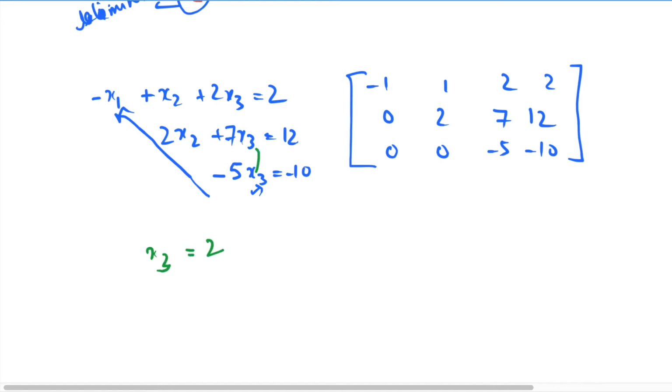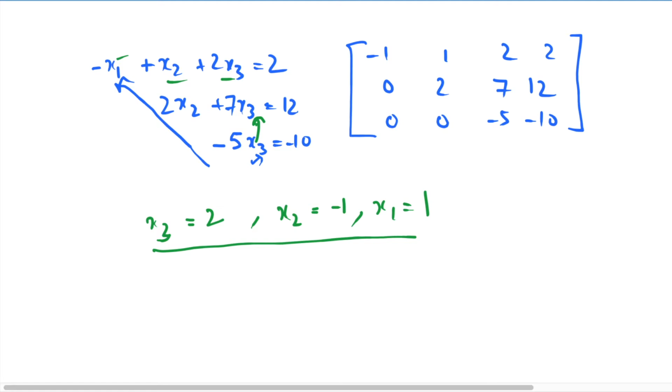Using this value of x3, you can substitute it in the row above, and you will get x2 is equal to minus 1. And now using the values of x2 and x3 thus obtained, you can compute the value of x1, and you will see that x1 is equal to 1. So in this case, we see that the system has a unique solution.